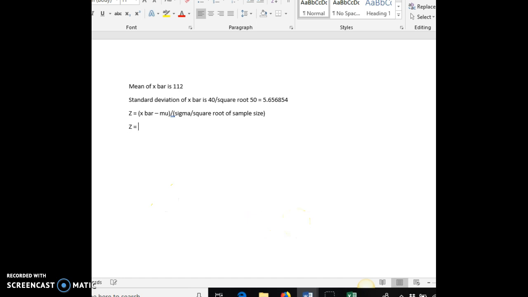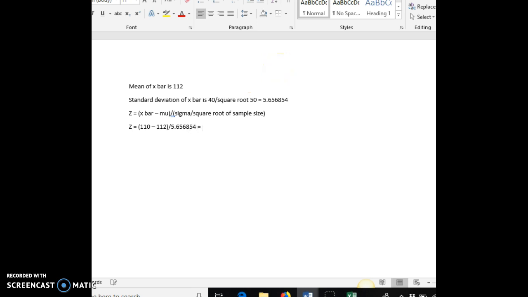So we'll have z is 110. Let's realize that mu of x bar was 112 up here. And really, the bottom, we can take a little shortcut. Sigma divided by the square root of the sample size was exactly what we found up here. The standard deviation of x bar was 40 over the square root of 50. We already did this bottom right here. So let's just go ahead and put the whole thing in, 5.656854.